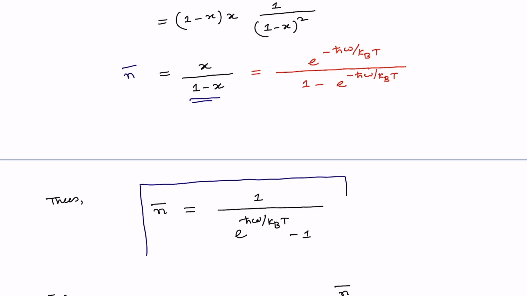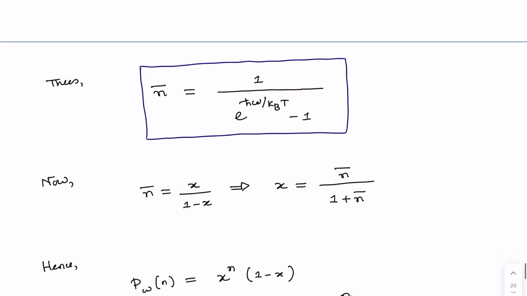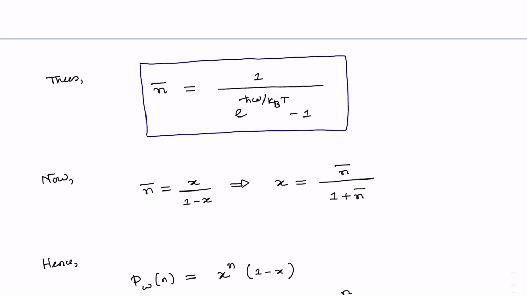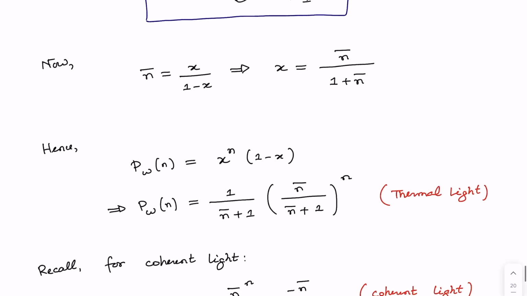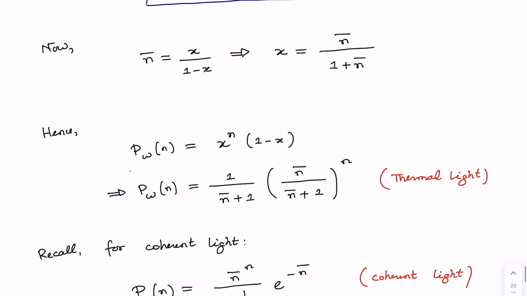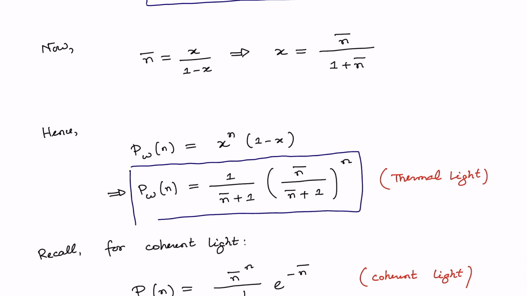So this is the mean number of photons in a thermal light, and using it I can write x in terms of the mean number also, and in that case I can write the probability distribution function for the thermal light in this particular form.